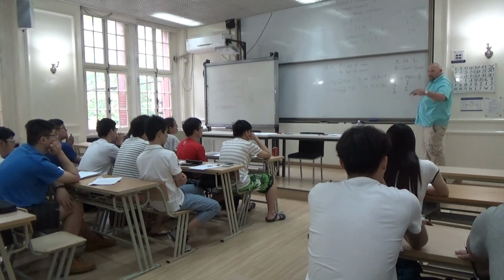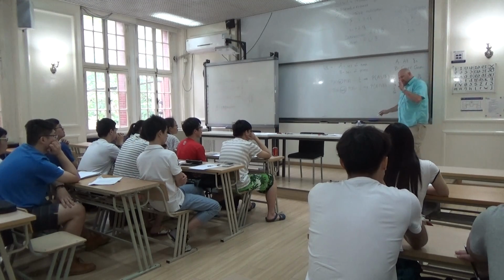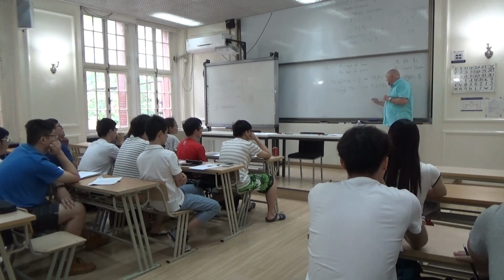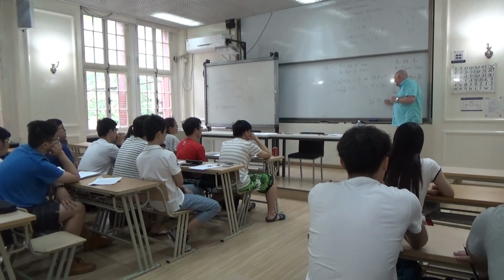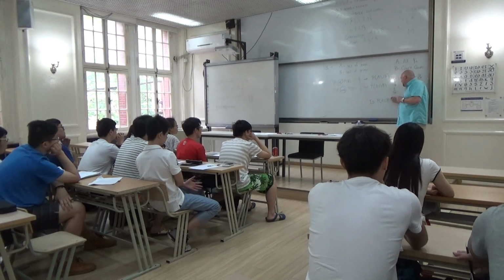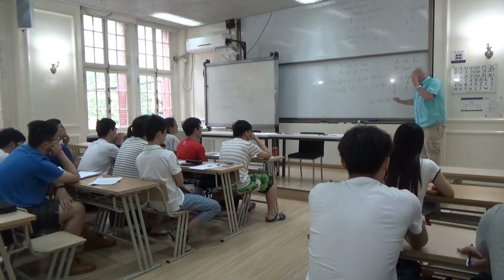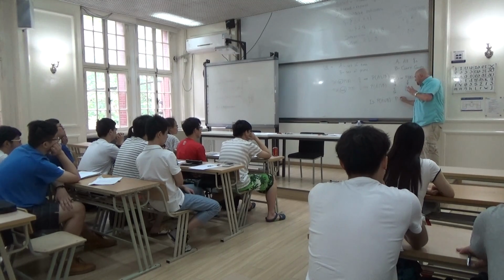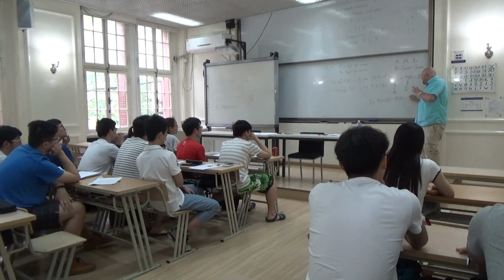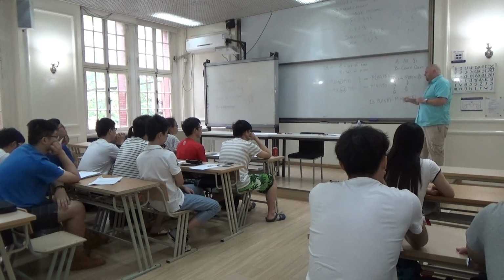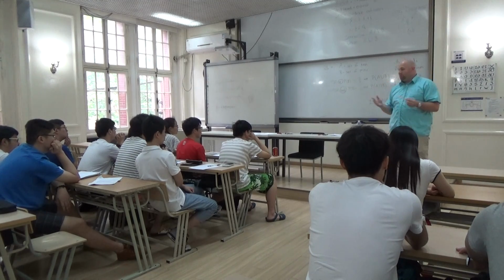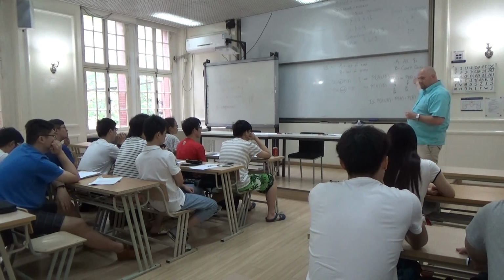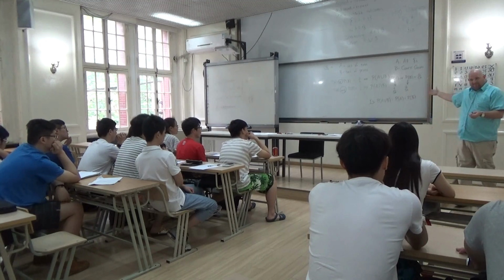Here's the question. You have to think, because this is kind of hard. Is the probability of A union B equal to the probability of A plus the probability of B? It's true here.